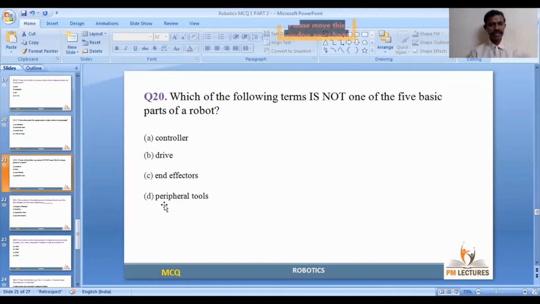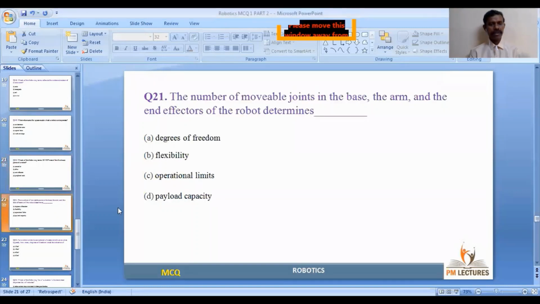So which is not one of the 5 basic parts of a robot? Here, D, peripheral tools. Peripheral tools is not related to the robot's basic parts. Hence option D is the correct answer for this question.